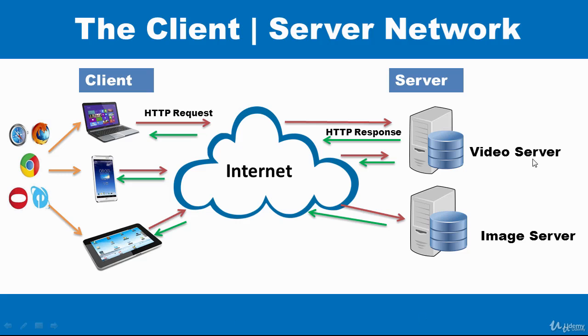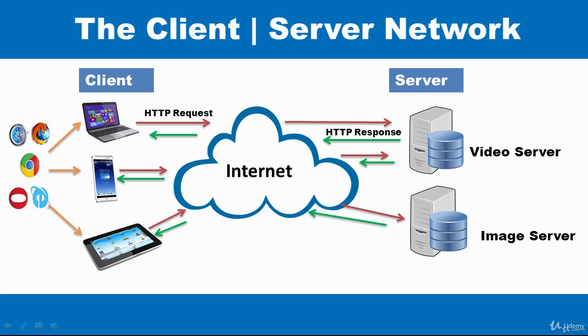So once you locate the resource, the server processes that request and sends it back via an HTTP response to the client, and then the video or whatever request the client made is rendered. So you can look at all the red arrows here as HTTP requests, and look at the green arrows as HTTP responses.